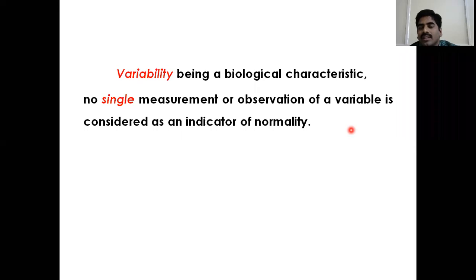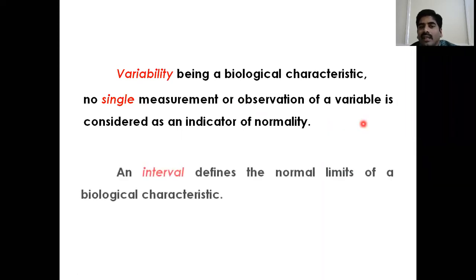See, some samples' data may be less than 14, and in some people the hemoglobin value may be more than 14 also in this homogeneous group. From a single value, we cannot say the normality. An interval defines the normal limits of a biological characteristic. In biochemistry, you have observed a number of biological variables. You can take thyroid profile, T3, T4, TSH, or height, weight, whatever it may be.